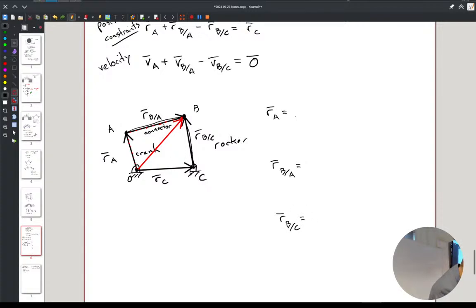So RA is going to be the length of that first link times cosine theta 1 in the I plus sine theta 1 in the J. So I have the total distance away from the origin for A has to be link 1. It's got to be equal to that link length. And then the direction is going to be whatever this angle, whatever this theta happens to be. And I'll call this one theta 2 and a theta 3.